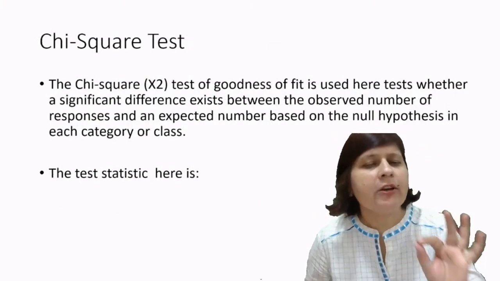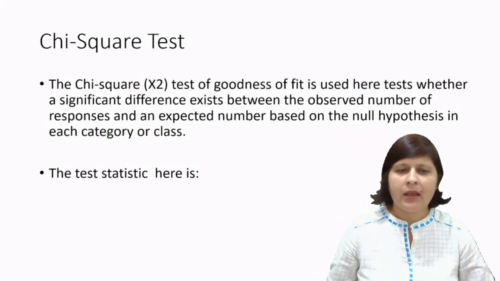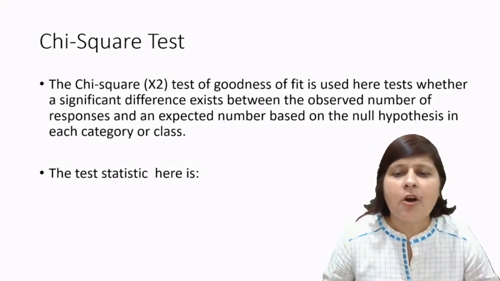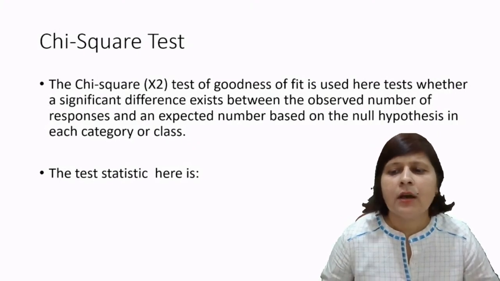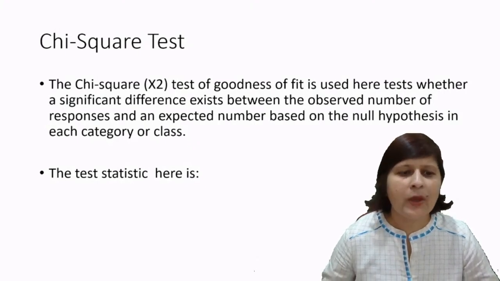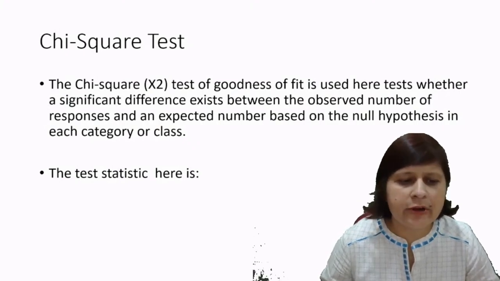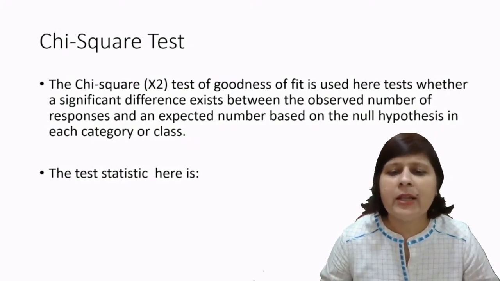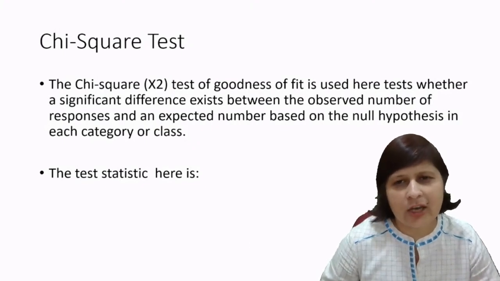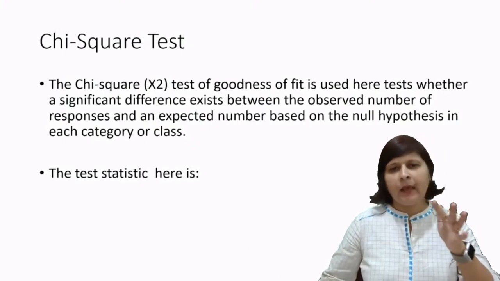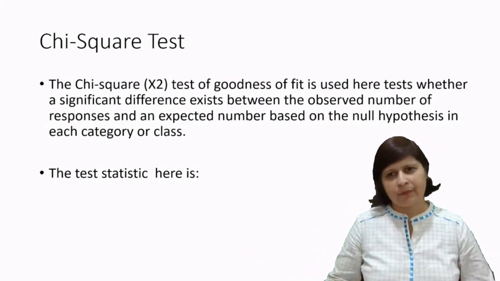Chi-square test is one of the very important non-parametric tests. The chi-square test of goodness of fit is used to test whether a significant difference exists between the observed number of responses and the expected number based on the null hypothesis in each category or class. Suppose we have divided our data into 3 classes.